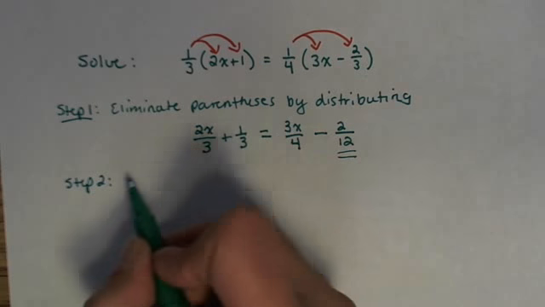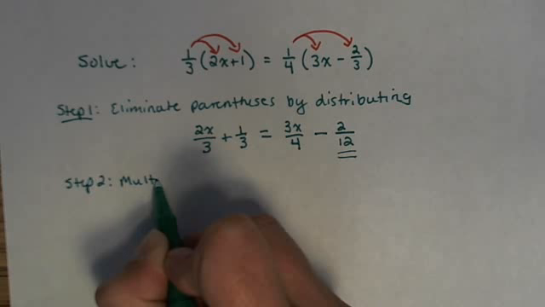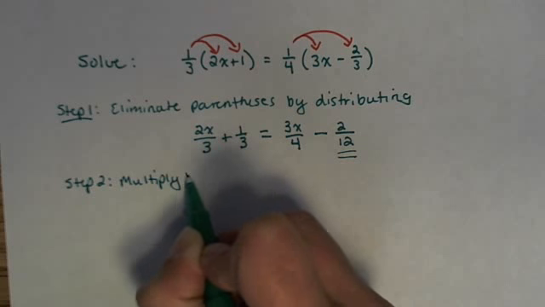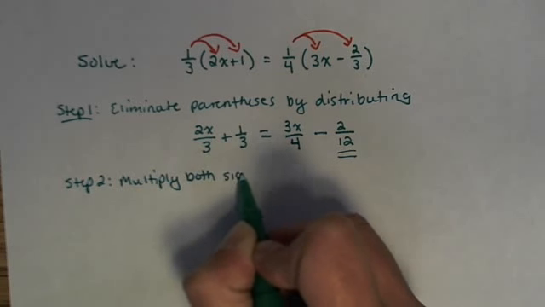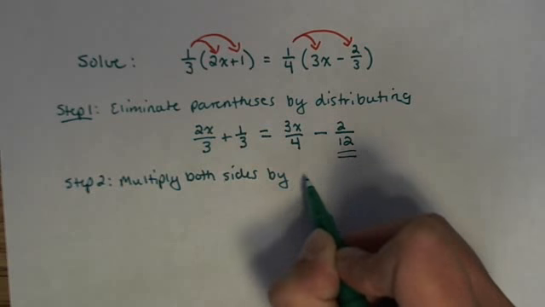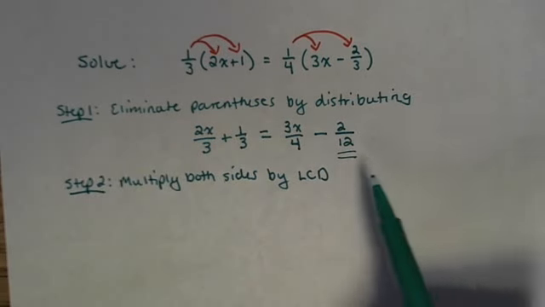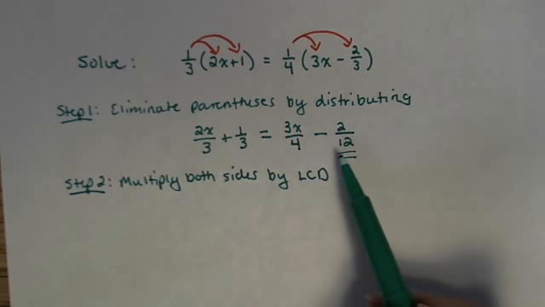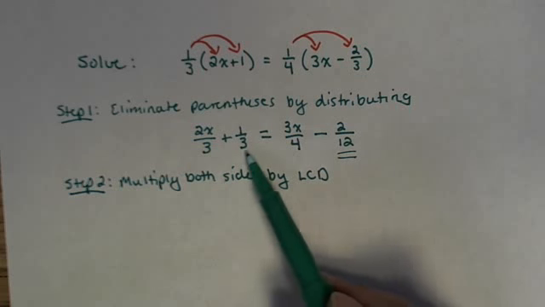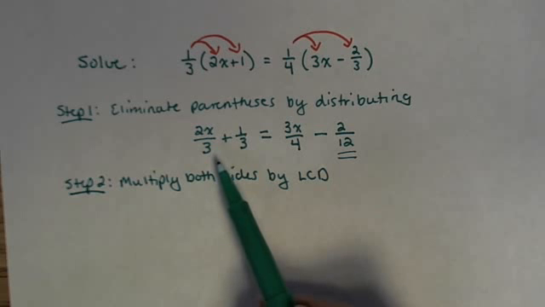And to do that, we want to multiply both sides by the lowest common denominator, or the LCD. Now it's very important when you're looking at the equation that you look at all the terms. And since we don't have any parentheses, that's very easy.